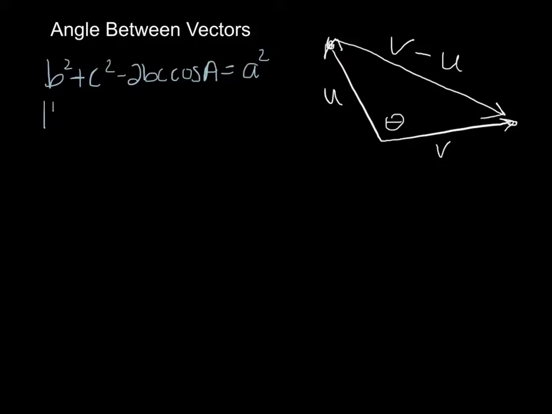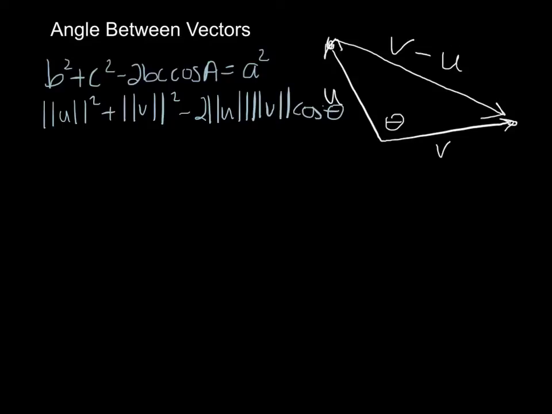So we're going to have the magnitude of u squared plus the magnitude of v squared minus 2 times the magnitude of u times the magnitude of v times cos of theta. And that's going to be equal to a squared, which is this v minus u squared.